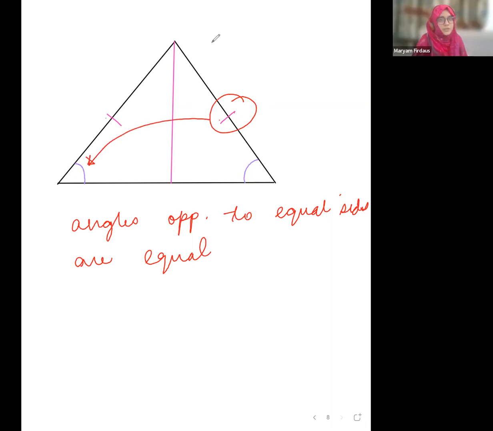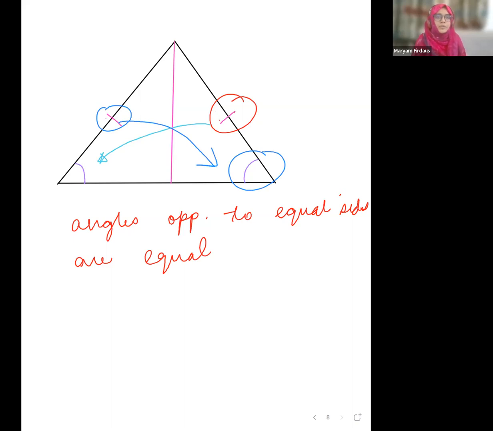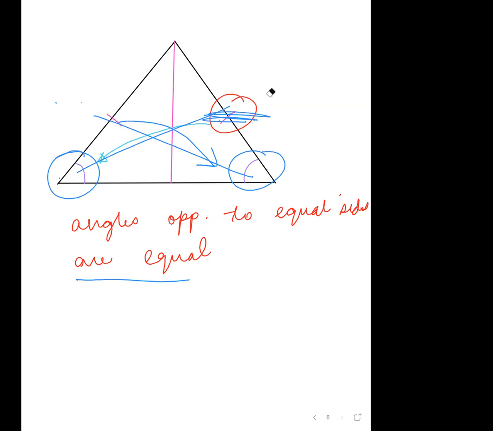This angle is opposite to this side. And this angle is opposite to this side. So what do we mean when we say angles opposite to equal sides are equal? That means these two angles are equal. This angle is not going to be equal, because it's not opposite to the equal sides. These two are the equal sides, this and this. Opposite angles are this and this. So these two are going to be equal. Got it? Okay.